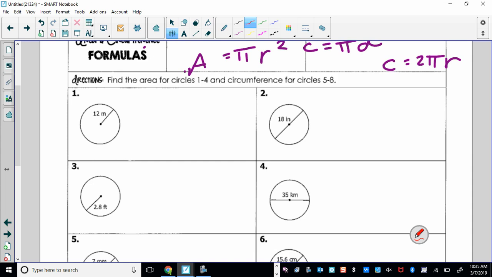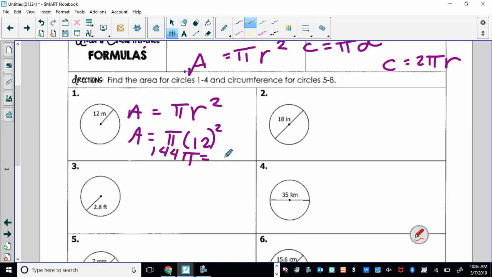So area is pi radius squared. What is my radius in this case? Good job. Pi 12 squared. So the answer would be 144 pi. You can put that in a calculator and find the answer.